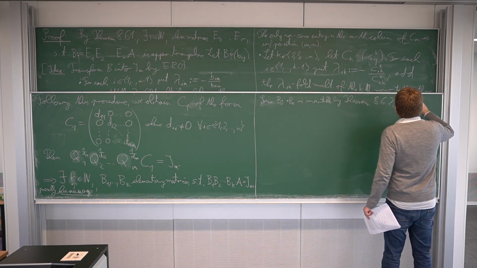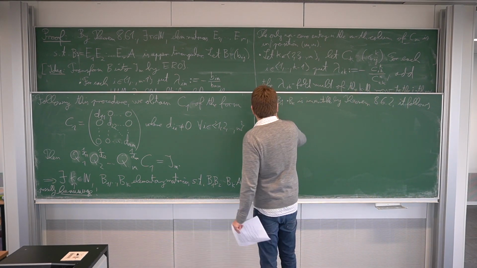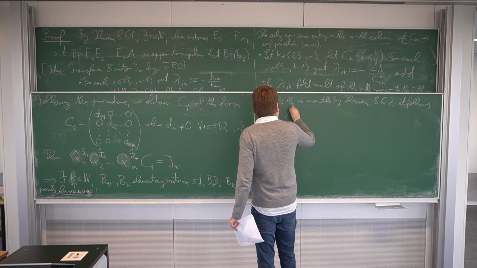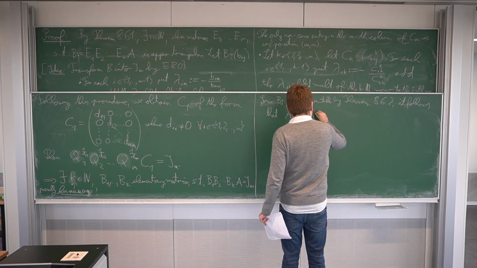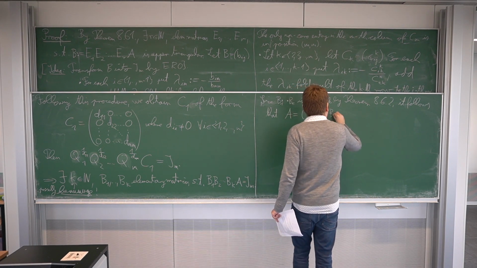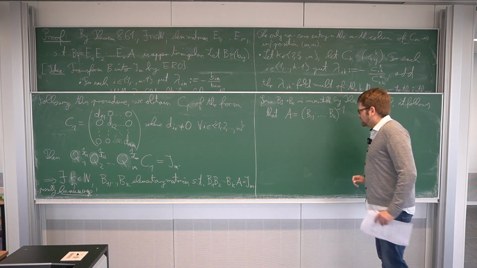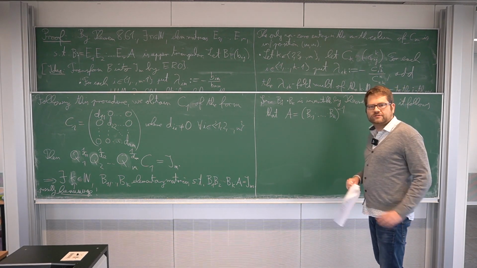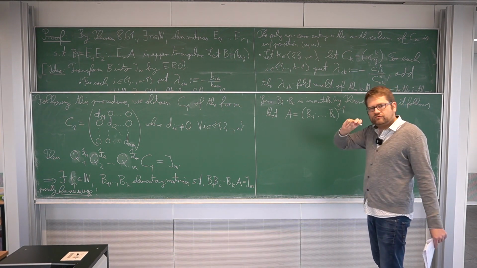And we know the inverses are unique. So this means A is the inverse of B1 to Bk. But we have seen that the inverse of a product is the product of the inverses, but with order reversed.